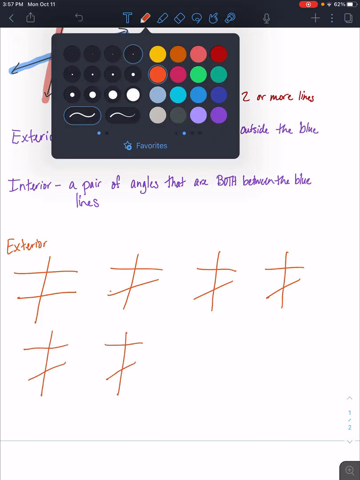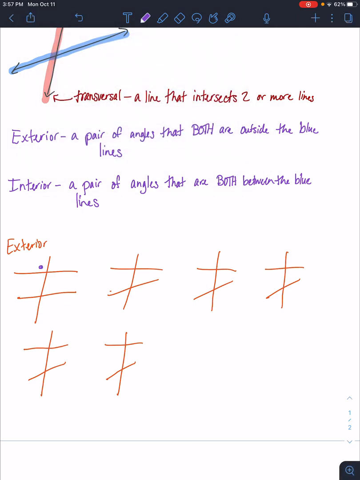So, for example, we could have this and this are exterior. This and this, this and this, this and this, this and this, and that and that. Those are all exterior pairs. So from here we need to add in some more information because those exterior pairs don't all look the same. So we need to get a little more descriptive.